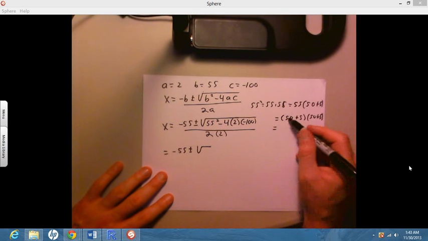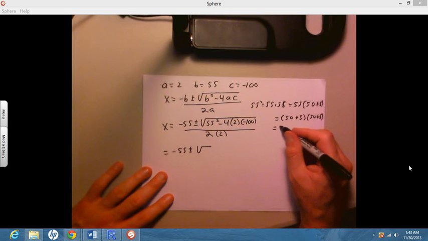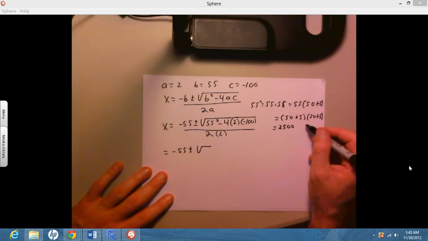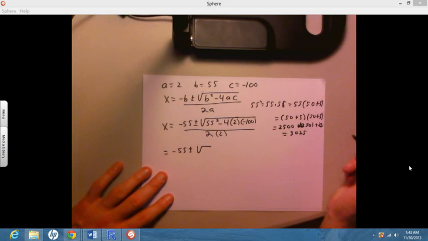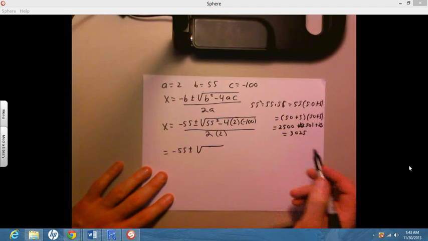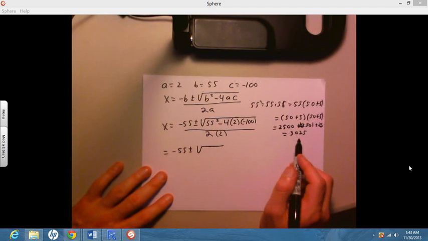Now we just FOIL. 50 times 50 is equal to 2,500 plus 250 times 2, because there's going to be 250 times 2, which is 500, plus 25 is equal to 3,025. Okay? And you could have done that in your head actually with a slight modification on the trick, but I'm not going to go into those things.